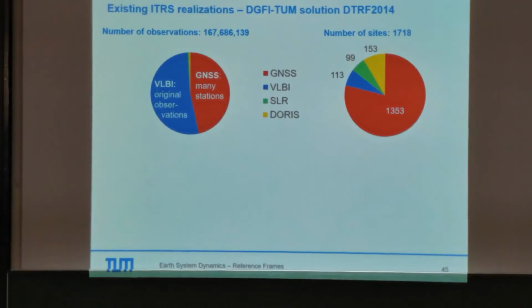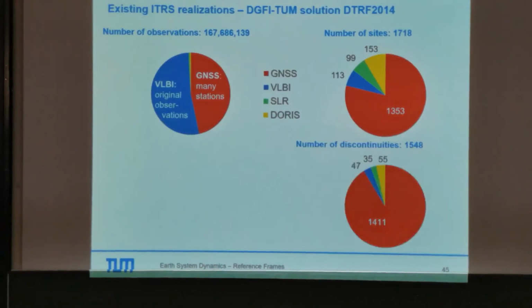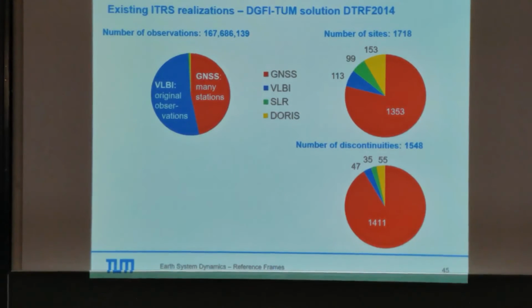Times 6, because that is the number of sites, and for each site you estimate 3 coordinates and 3 velocities, in x, y, and z dimension. These number of sites are aligned with these number of unknowns. So you see, for the vast majority of GNSS sites, you have at least one discontinuity or even more in your time series.